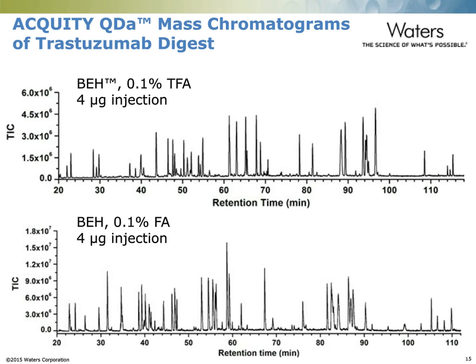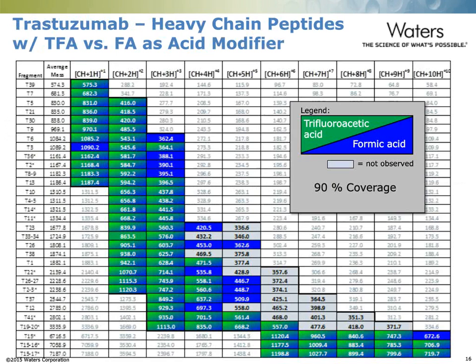And that highlights the point I had made earlier, where the QDA could seamlessly fit into existing workflows. We recognize that the majority of routine methods primarily use TFA. So if we look more closely at the comparison between TFA and formic acid, shown here is a map of the heavy chain peptides, with the average mass for each of the peptides on the left-hand y-axis, and then across the top, the various charge states for each of those peptides.